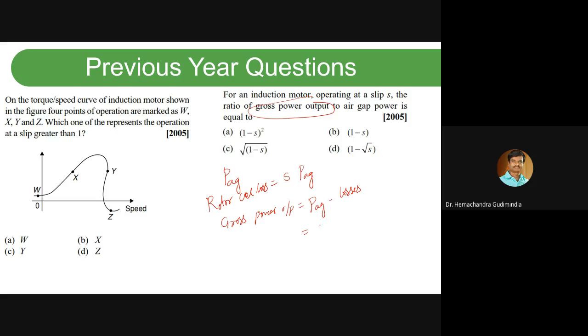So air gap power PAG minus losses S into PAG, so we can say (1 minus S) into PAG. So gross power PG divided by PAG is equal to 1 minus S. So option is B.